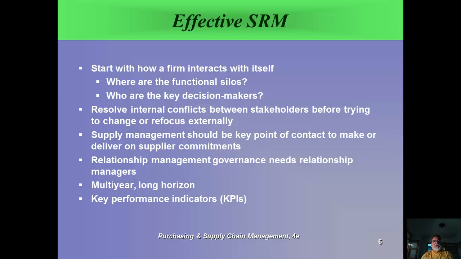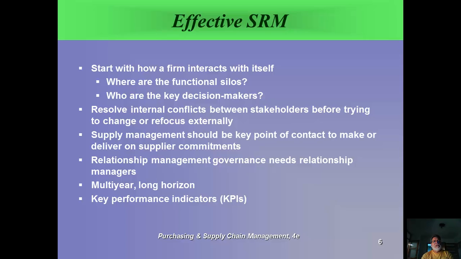And supply management should be the key point of contact. That's our buyer working with their marketing department or sales, and eventually it'll become broader. We're going to be working with different departments such as accounting, finance, and other areas. We know that it's going to be long-term, and we know that we're going to be measuring it and keeping an eye on key performance indicators to make sure that we are on track.